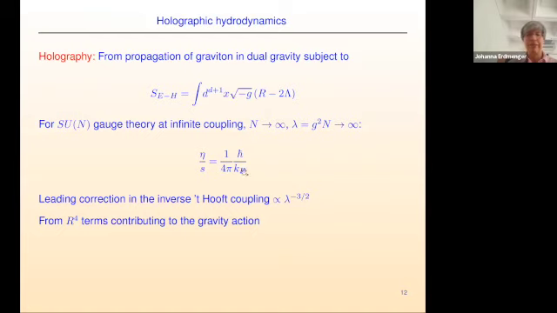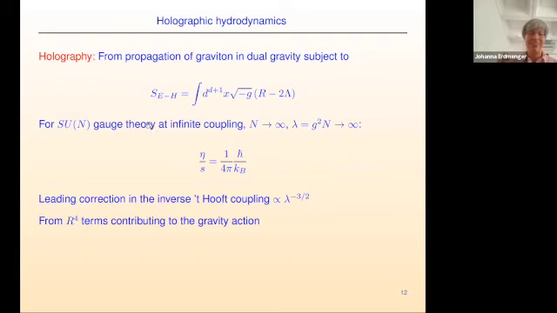And especially these couplings, because the corrections are in the regime where the coupling is very large. And so the inverse will be very small. Okay, sorry, let me say this once again.